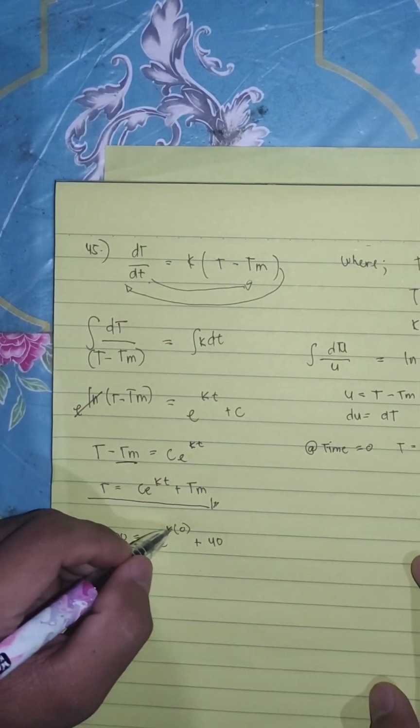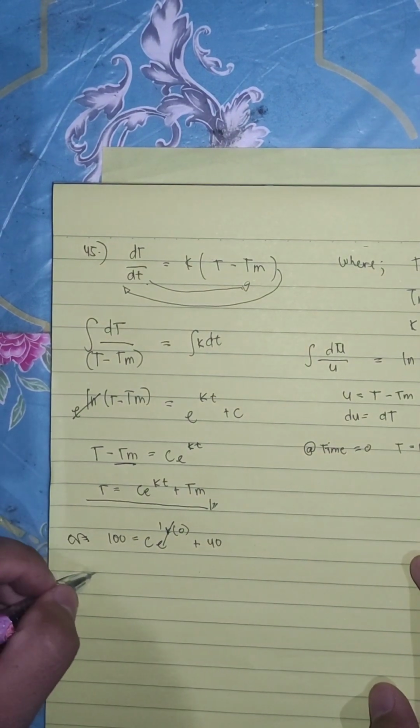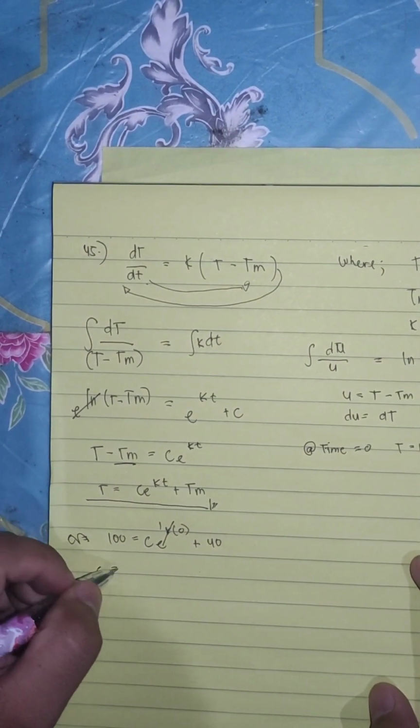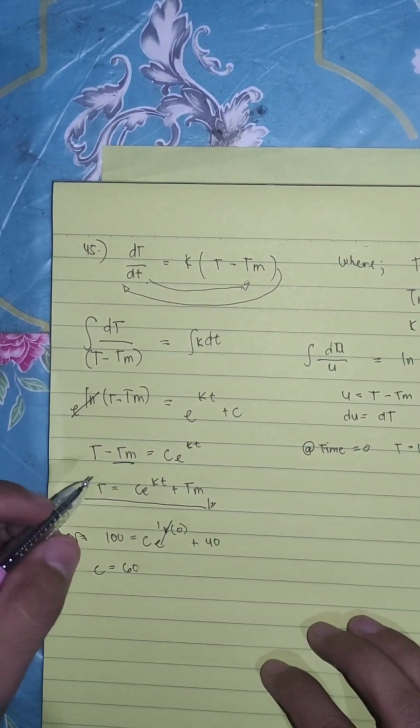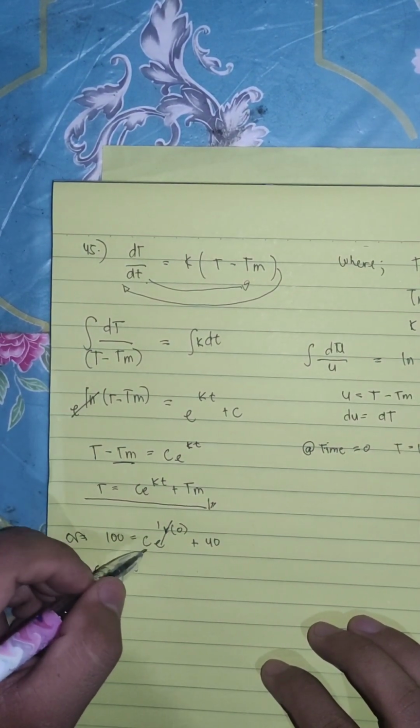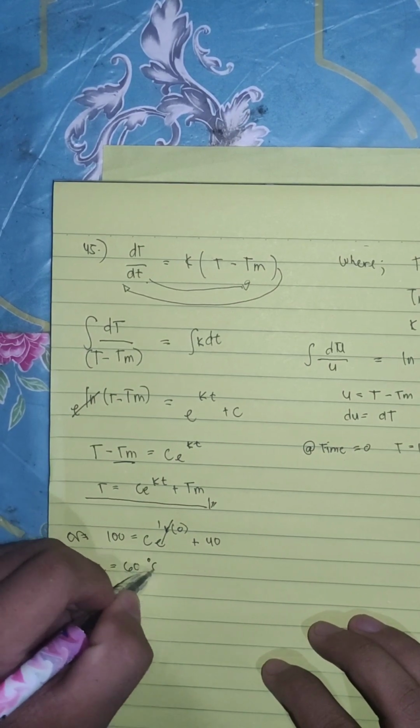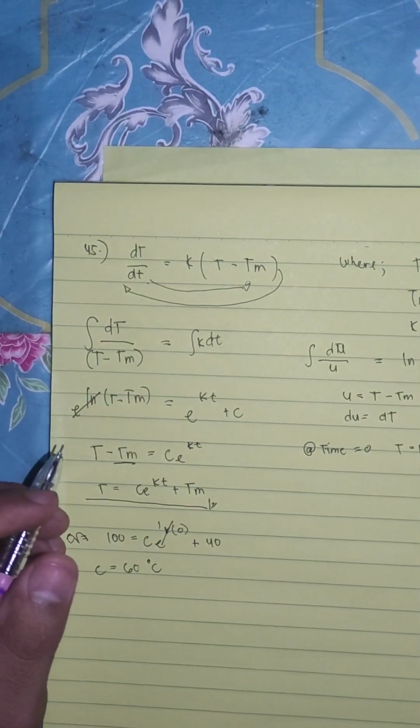So we have C equals 60 degrees. So we solved the C.